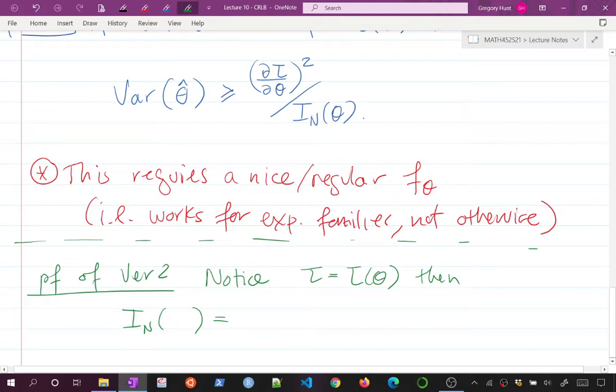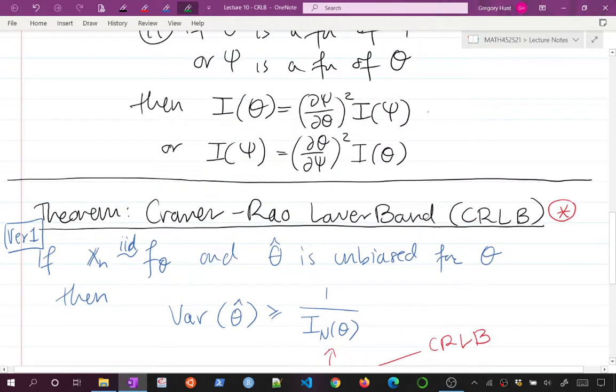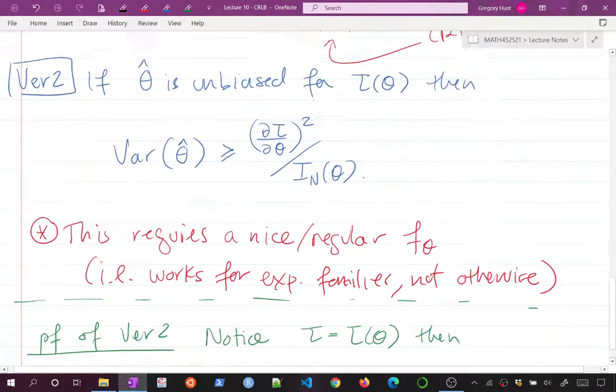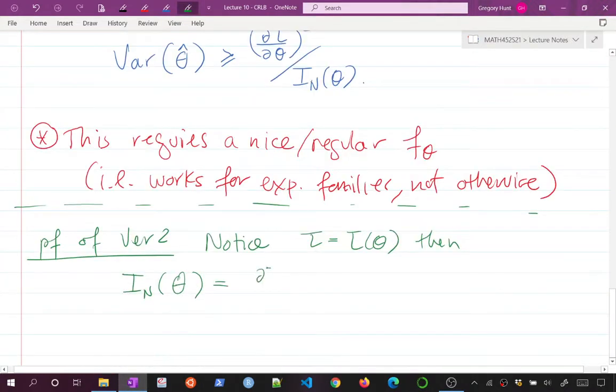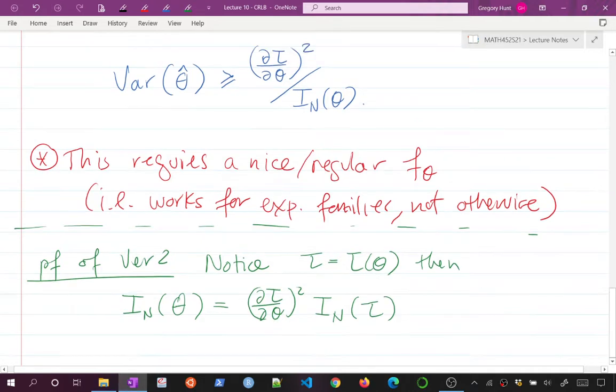The information about theta, according to the first version of this theorem, is d tau d theta squared times the information for tau, right? And how does that work out?